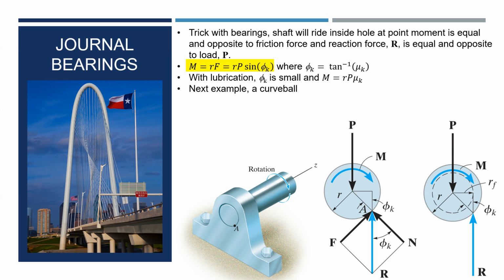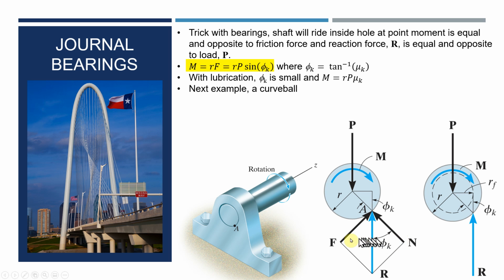Okay, journal bearings. Now, the deal here is that the shaft, you're rotating the shaft, it's going to ride up until it slips. Until it slips at this point. So the reaction force has to be equal and opposite to the load. P is the load in this case. But there's going to be a distance here.